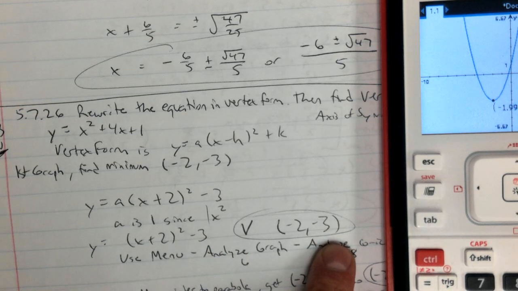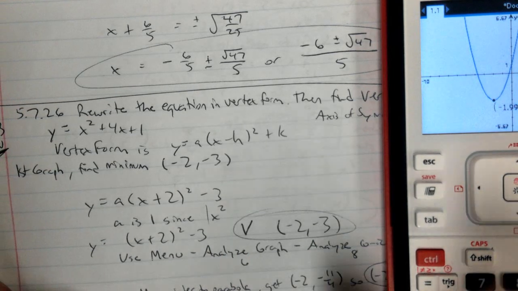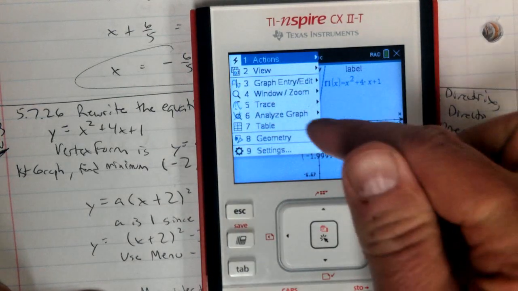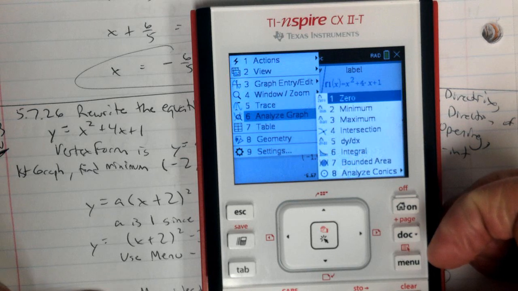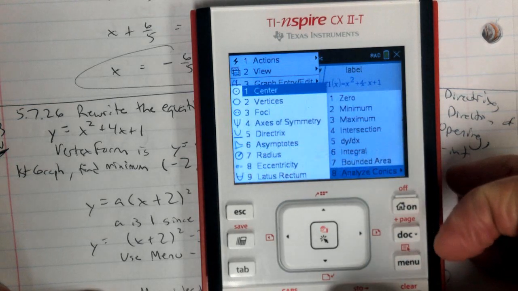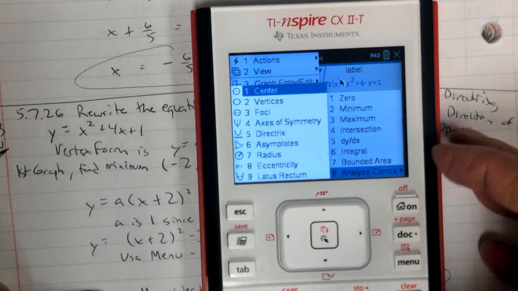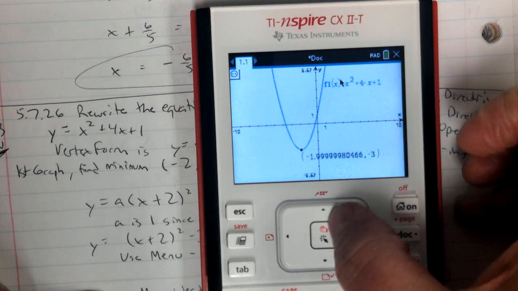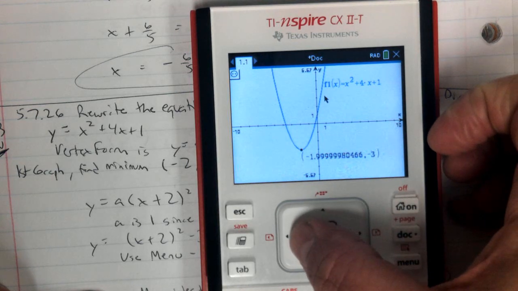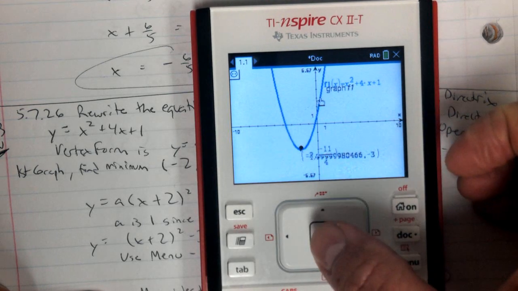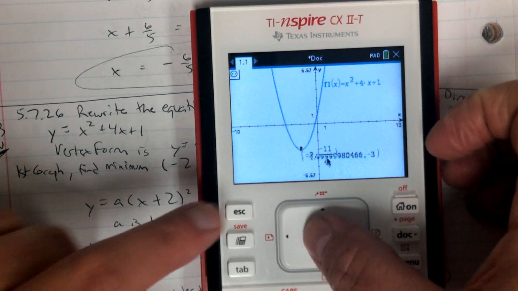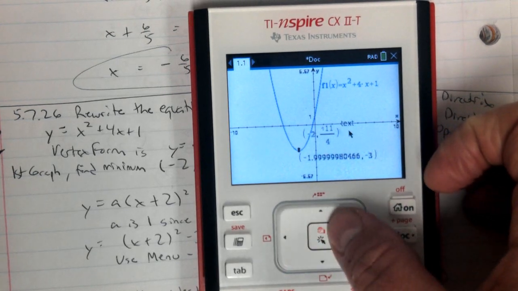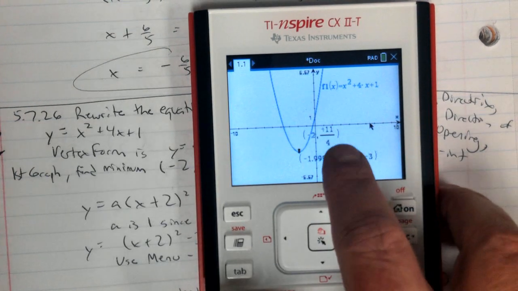So the next thing is you're going to need to get your focus, and so you can use your calculator. You do menu, analyze graph, which is 6, analyze conics, which is 8, and then 3 is foci, plural of focus. And you see the little arrow, you got to move it towards your parabola, and then there's your answer. I just clicked it. Now, with a problem like this, as you may remember, it has it as a fraction, and it says 11/4.